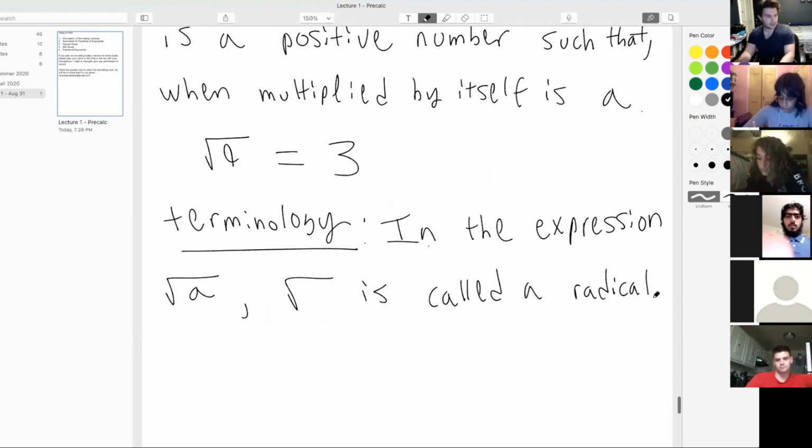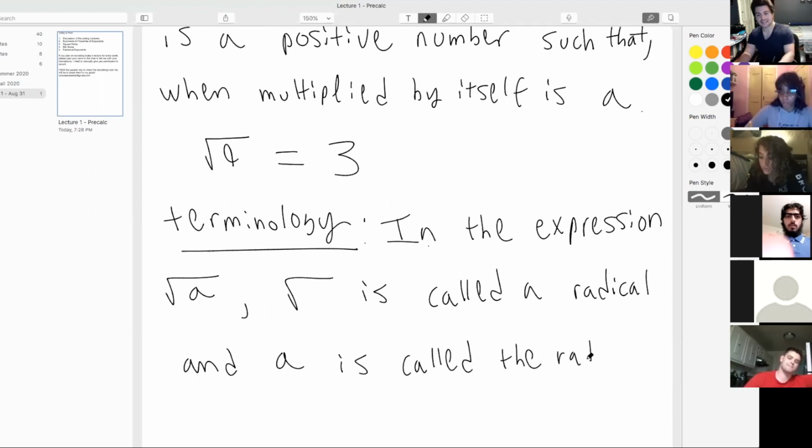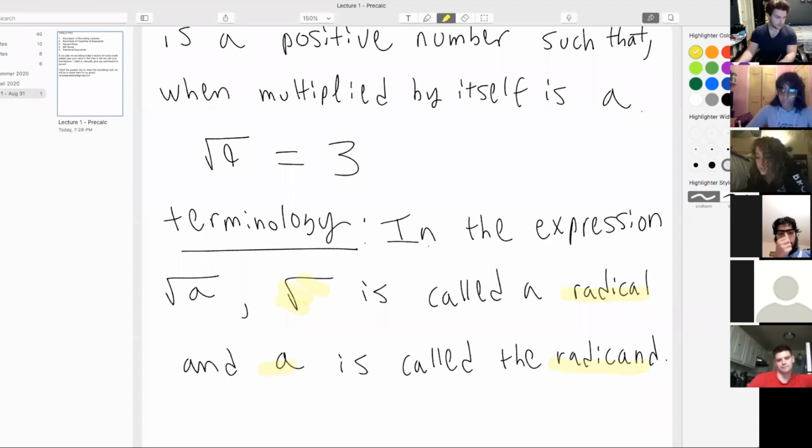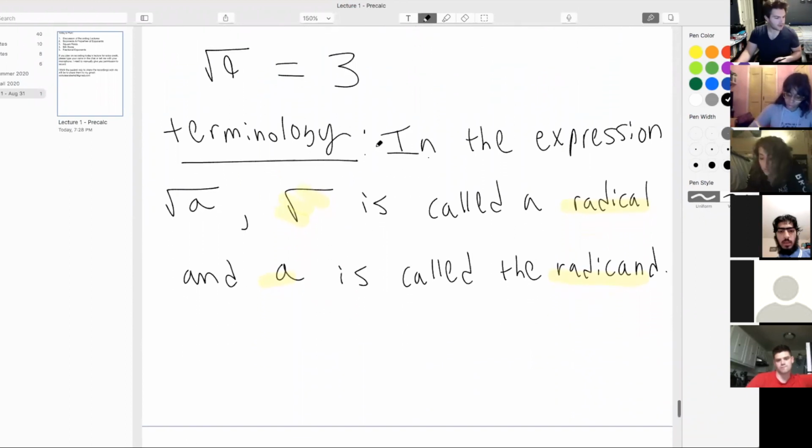And the number underneath the radical, a, is called the radicand. Radical is this symbol, and the thing underneath the radical is called the radicand. Okay, very good.